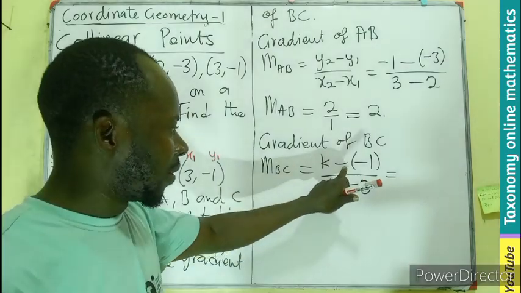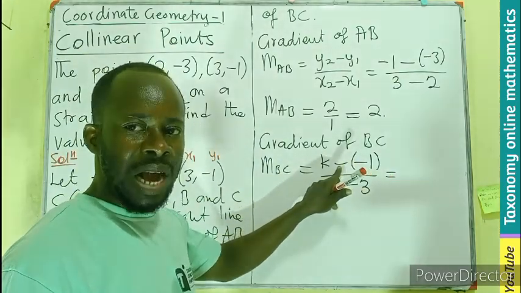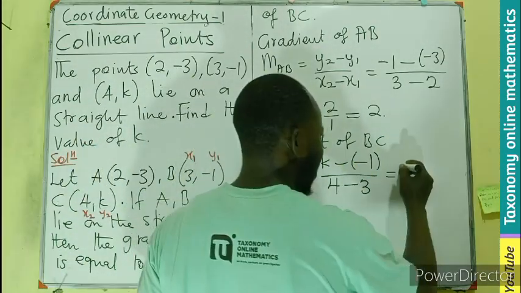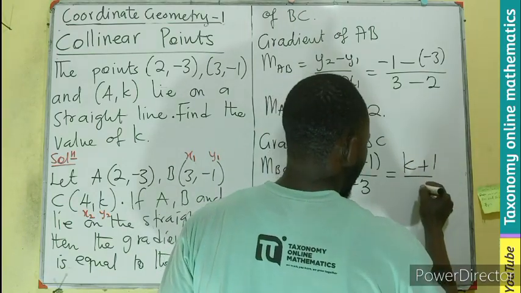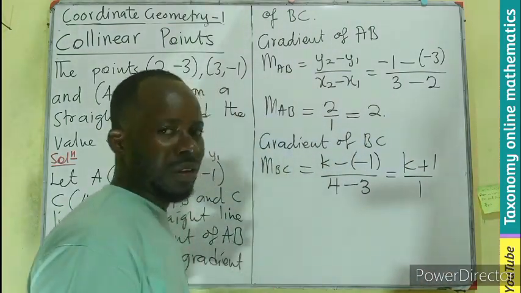Don't forget that the negative becomes positive, so we have (k + 1) divided by 1.